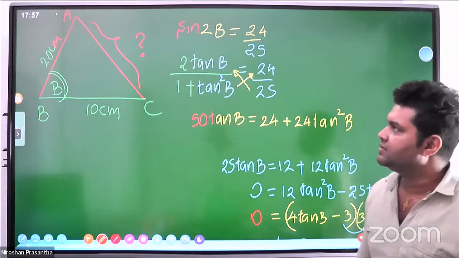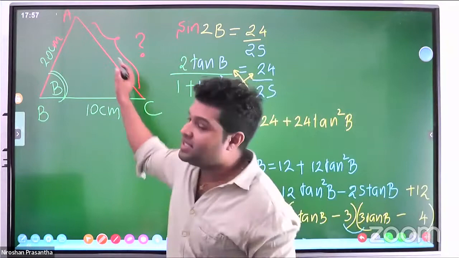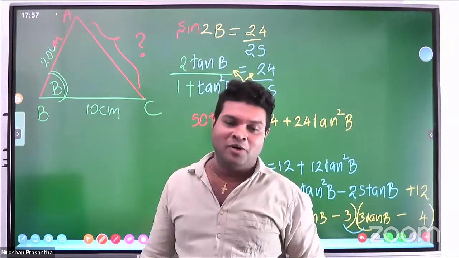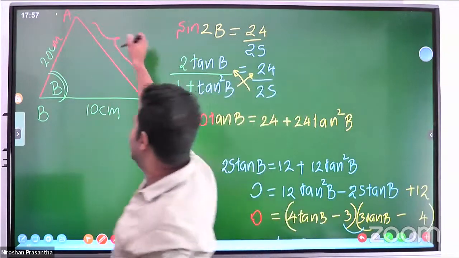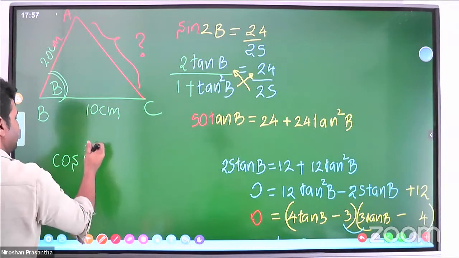Right, to find the AC, that's why they have asked us from the beginning, from the cos rule. To use the cos rule, AC we can write with cos B. Cos B equal, what is that?